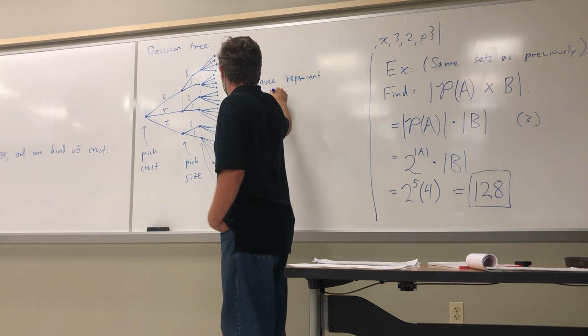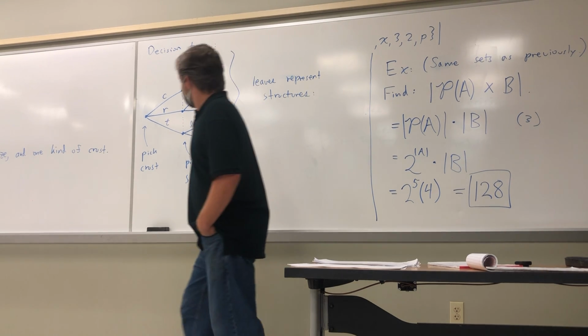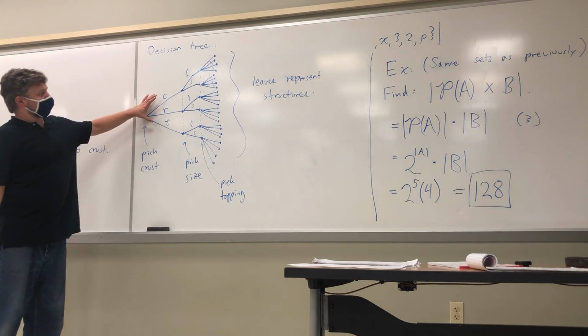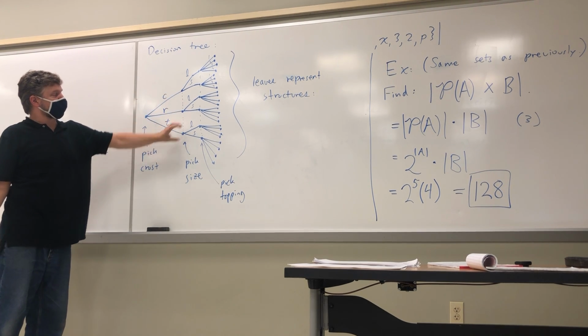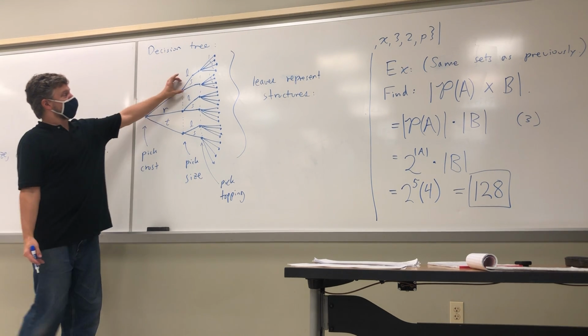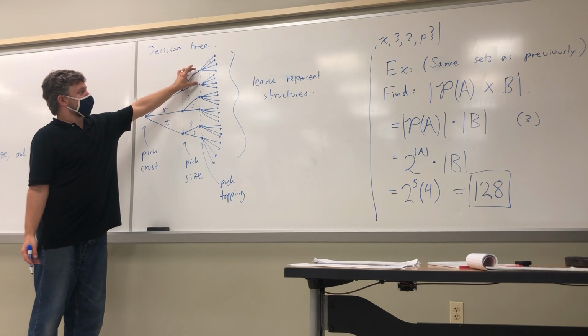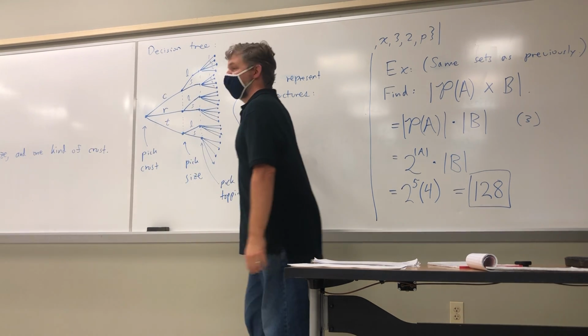And the number of them is easy to figure out. There's 3 main branches, and each of them has an identical sub-tree. And then for each of those, there's 2 branches, and they have identical endpoints.